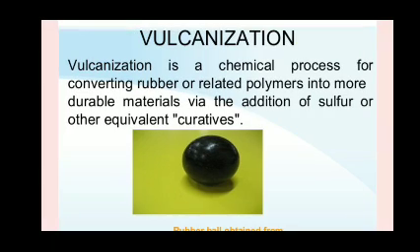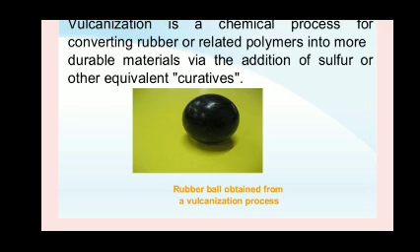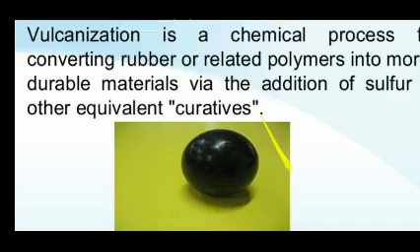Vulcanization of elastomer. Vulcanization is a chemical process for converting rubber or related polymers into more durable material via the addition of sulfur or other curatives. Rubber balls are obtained from the vulcanization process.